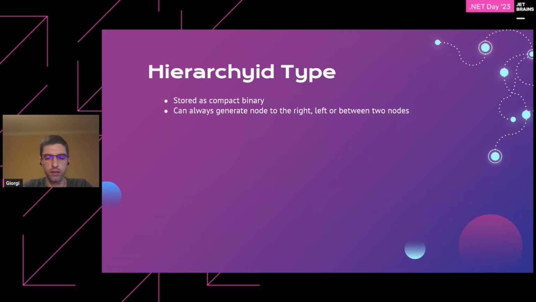The hierarchy ID is stored in the database as binary, and it has this interesting feature that if you have two nodes which are hierarchy ID values, you can always generate a new node that is in between these two nodes. But hierarchy ID also has some shortcomings that you should keep in mind.